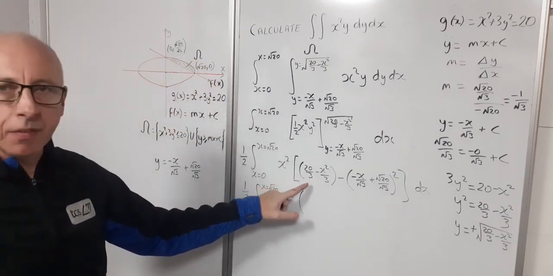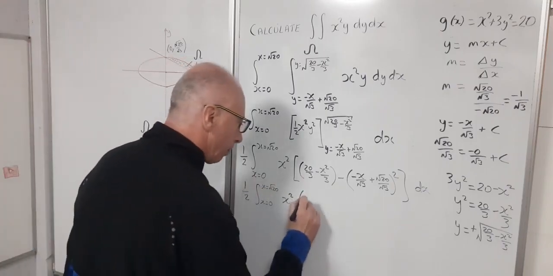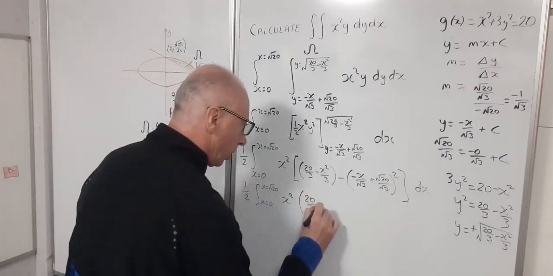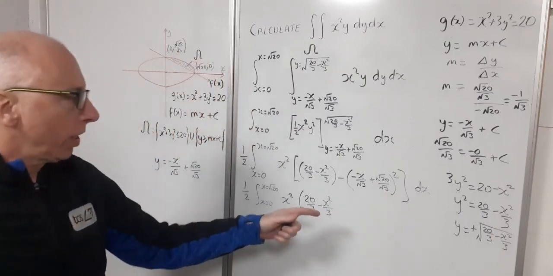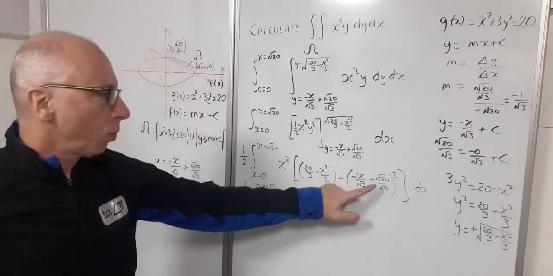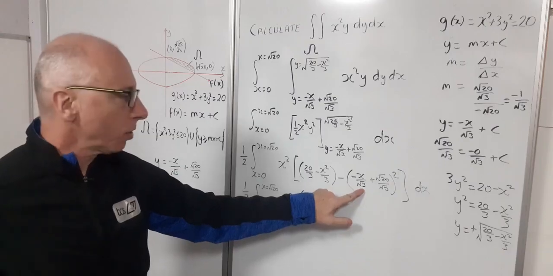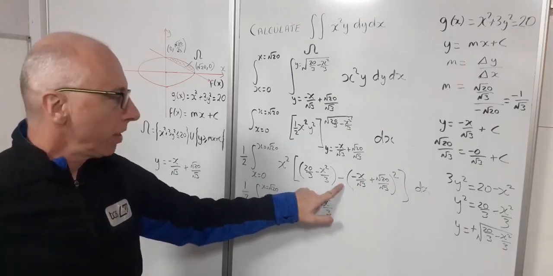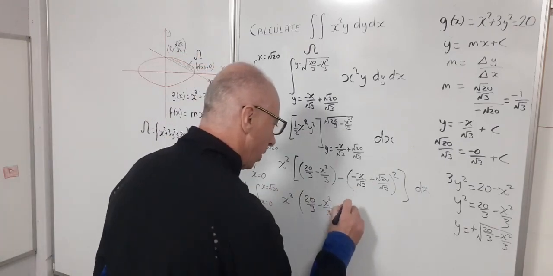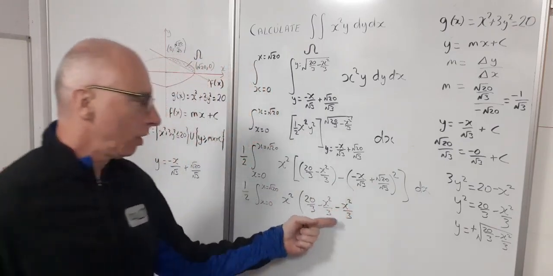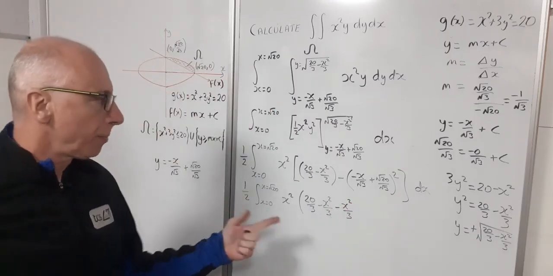There's no signs here affecting anything, so you can just write them in as part of our answer. 20 over 3 minus x squared over 3. Now what we got here, let's go one step at a time. So if you square this first, we get x squared over 3, but then there's a minus sign here. So now I get minus x squared over 3. Look, we've got two of these, so we can just double that up.